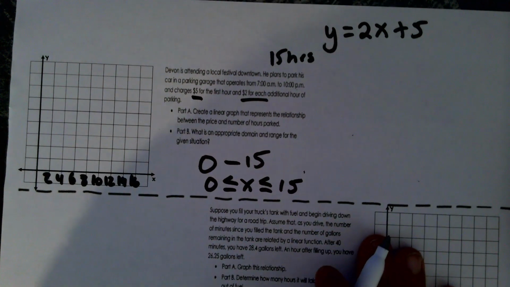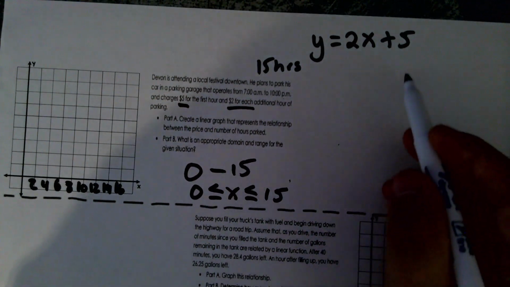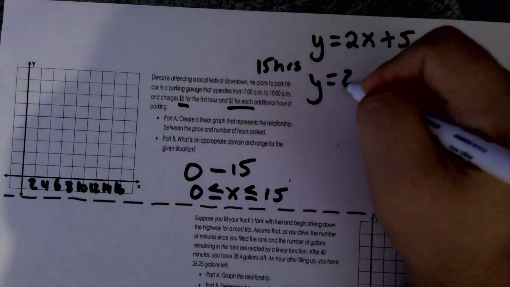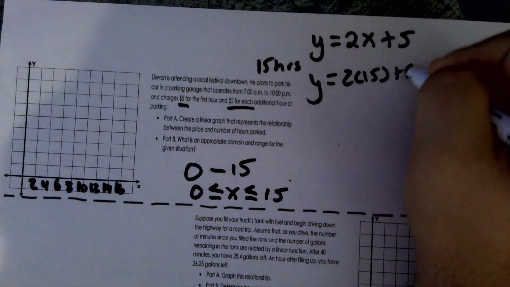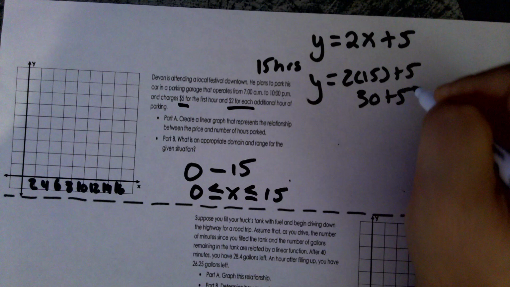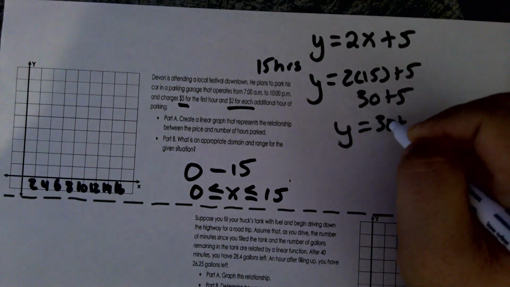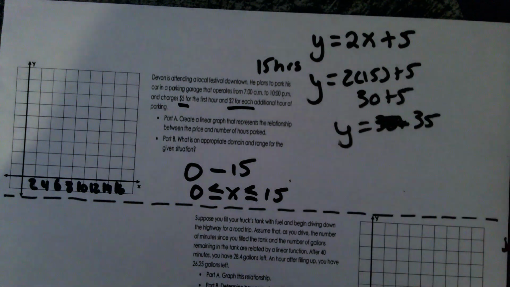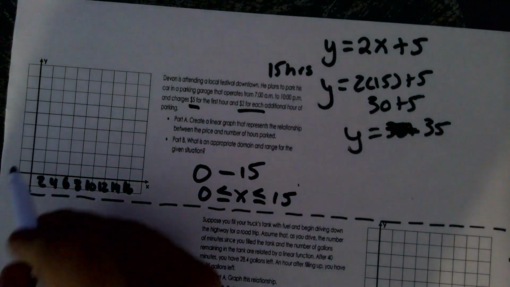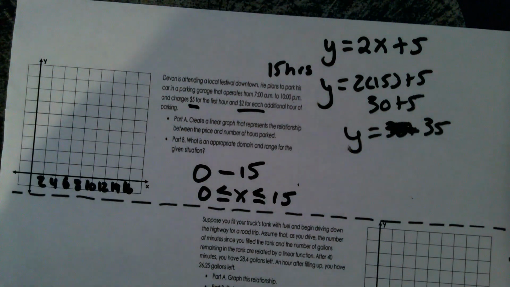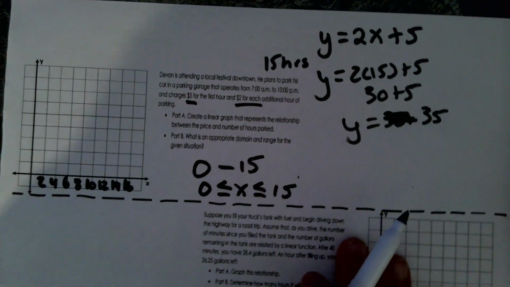And now let's figure out how much money he ends up spending. So he starts off at $5, and then after 15 hours, he spends $35, and there's 1, 2, 3, 4, 5, 6, 7, 8, 9 intervals. I think we can get away with doing an interval of 4.